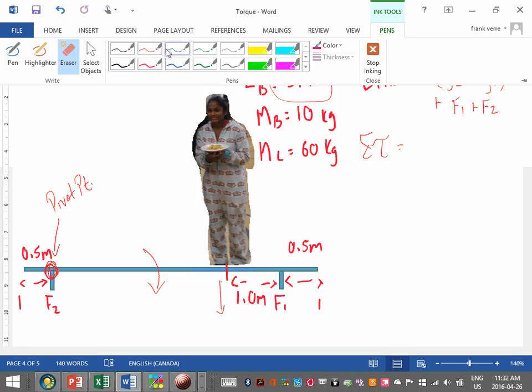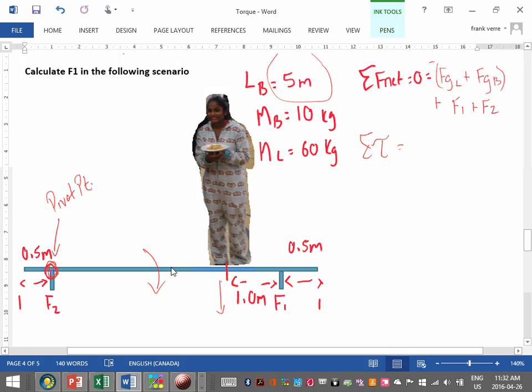Okay. That distance is at this point, which is 2 meters from here. Okay, 2 meters from here and 2 meters from here.